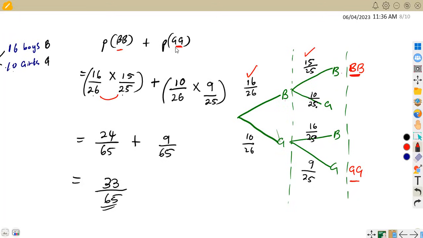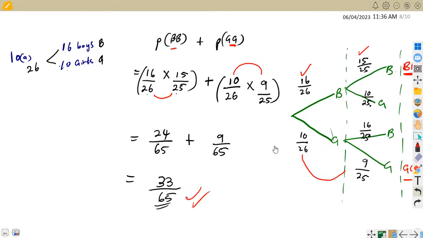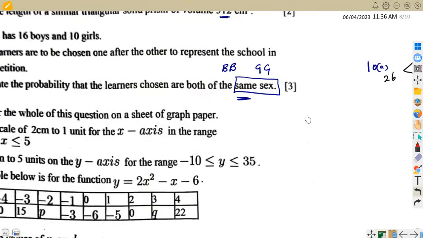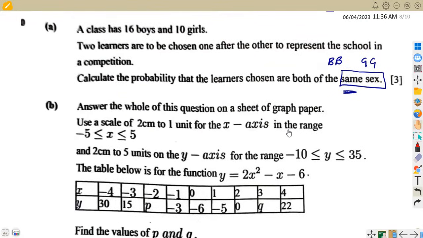Then we move on to the probability of GG, that is 10 over 26 times 9 over 25. So as you can see, we're going to have the same answer with the same approach. So that was our question 10A.